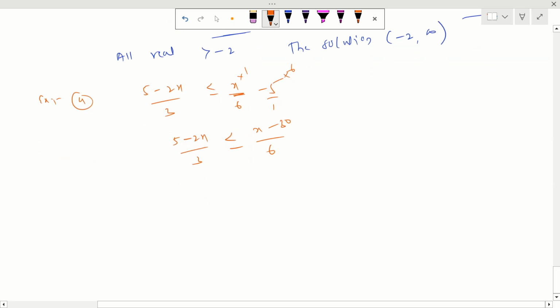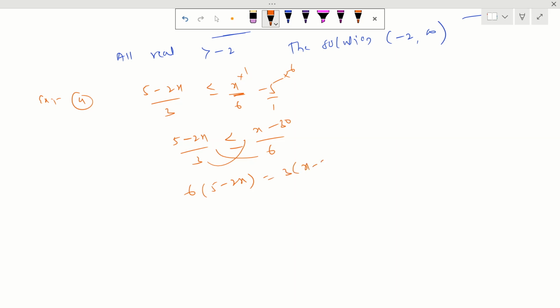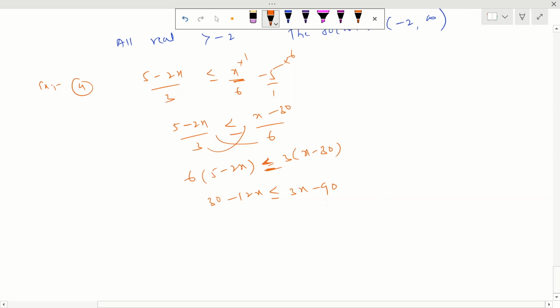Now this 3 I will take this side, and this 6 I will take this side. Therefore it is 6 into (5 - 2x), and this is 3 into (x - 30), with the symbol less than or equal to. 6 fives are 30, 6 twos are 12, so 30 - 12x is less than or equal to 3x - 90.